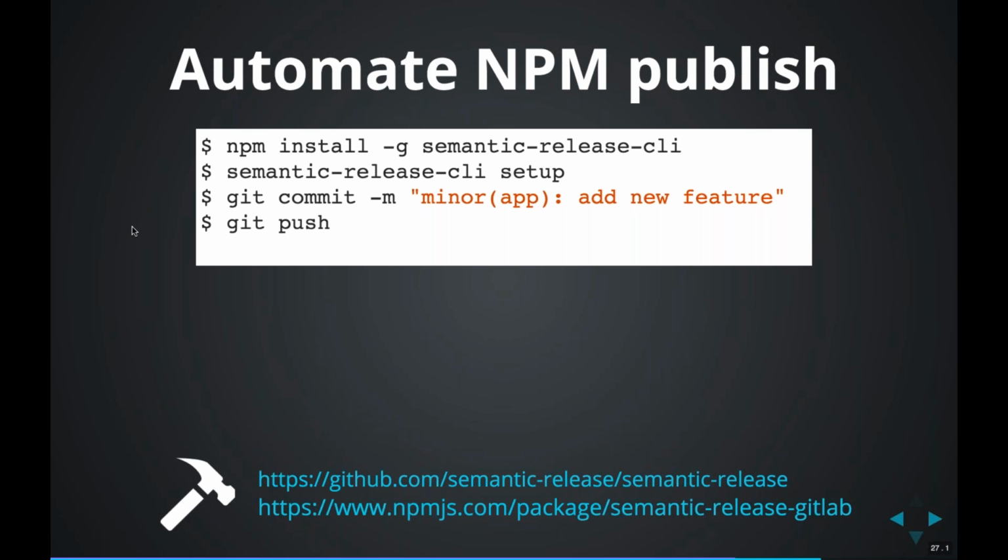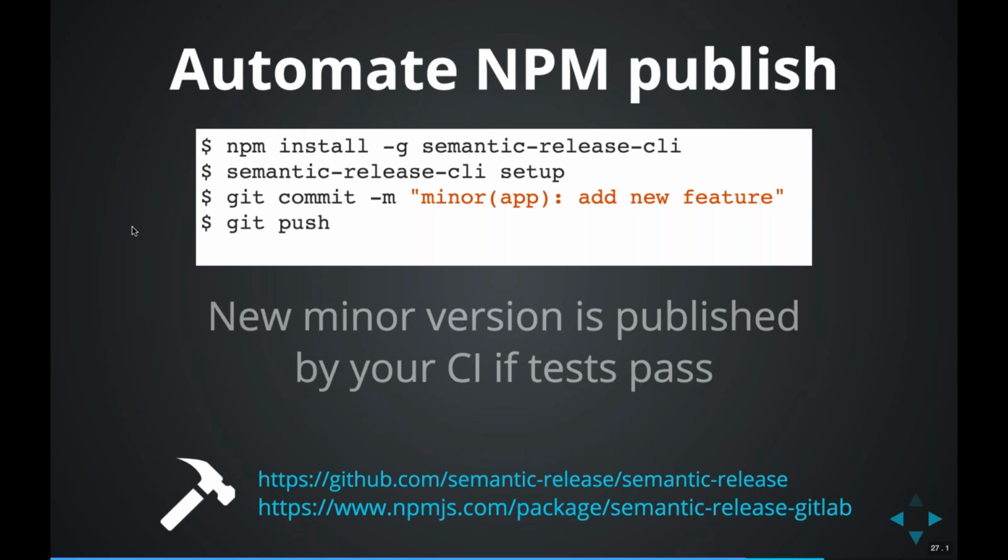And all you have to do from now on, when you commit new changes, is to use a special commit format. It's a convention, it's not a standard. In this case, for example, I'm committing and I give a comment "minor", "app" in this case is the scope, and then the actual comment. And when I push code, my CI will run tests, then it will trigger Semantic Release that will look at my comments in my Git log.